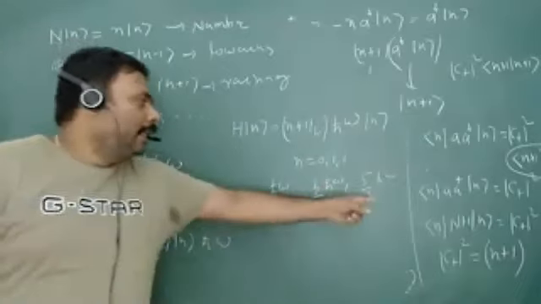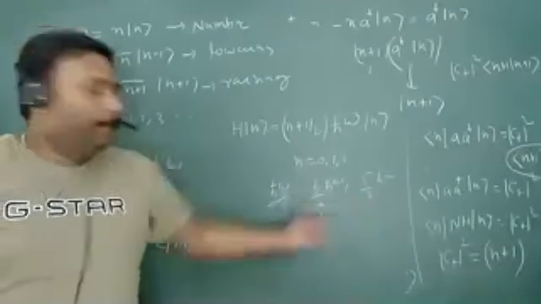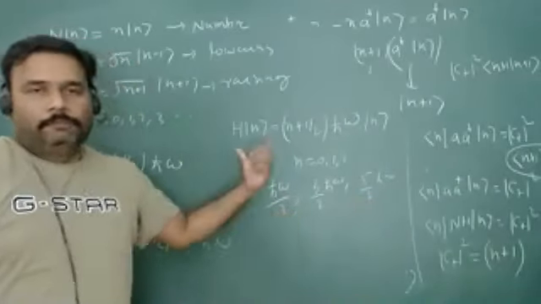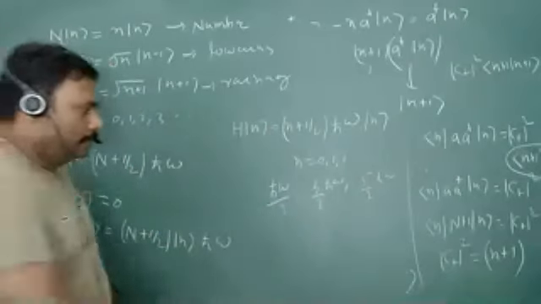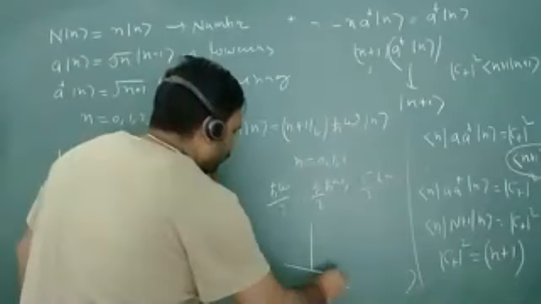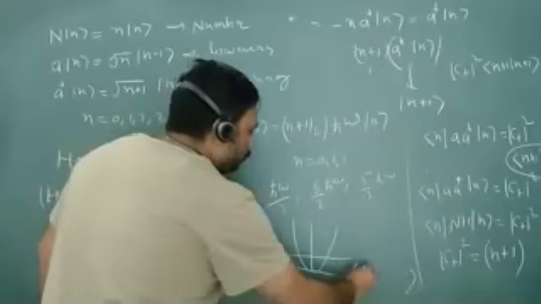Again, we can find the energy eigenvalue is discrete, and the minimum value is h cut omega by 2. And you can figure out what the possible eigenvalues are. The minimum value is h cut omega by 2.